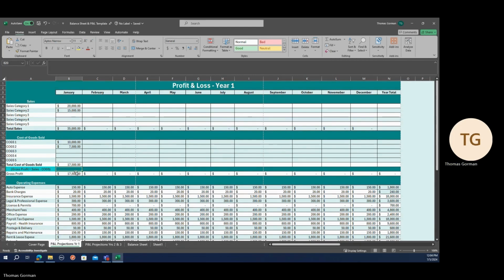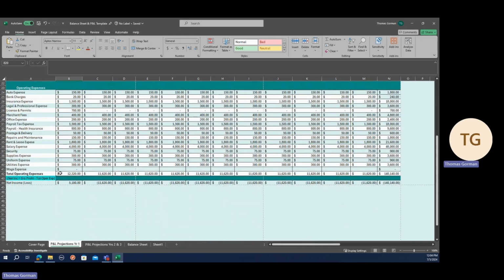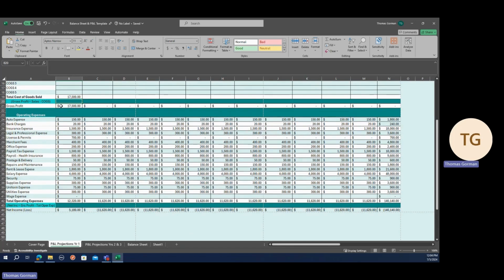So then we see that leaves us with a gross profit of $17,500. Now our total operating expenses for the month of January was $12,320. We minus those from $17,500. And that gives us a monthly profit for the month of January of $5,180. And that would be your net income.